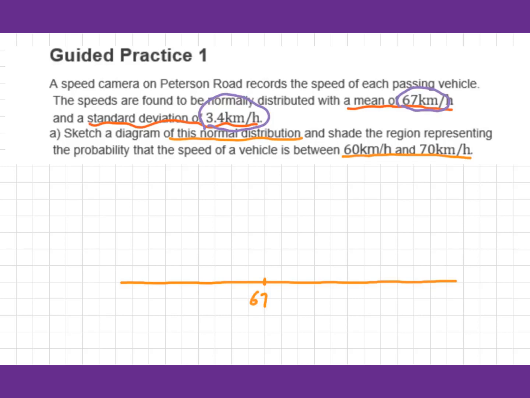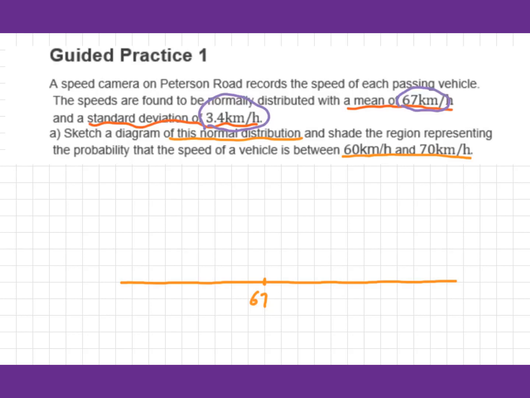For A, sketch a diagram of this normal distribution and shade the region representing the probability that the speed of a vehicle is between 60 km per hour and 70 km per hour.